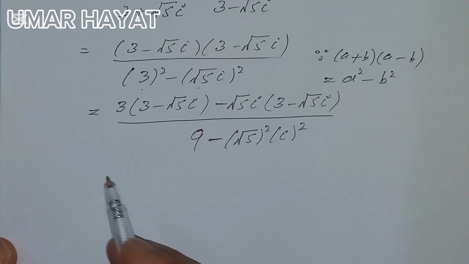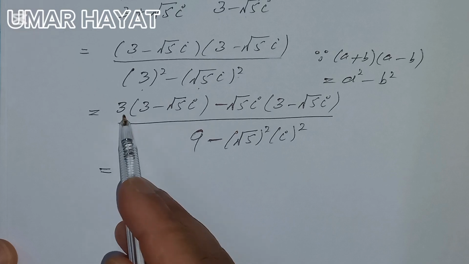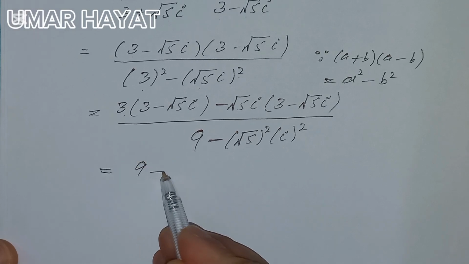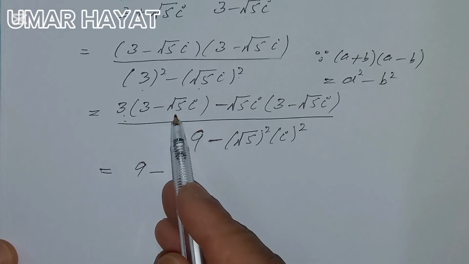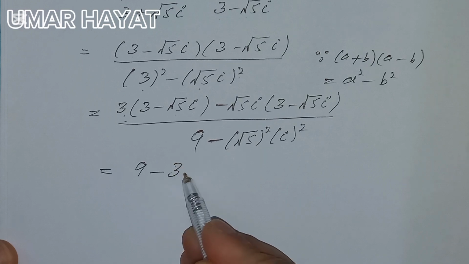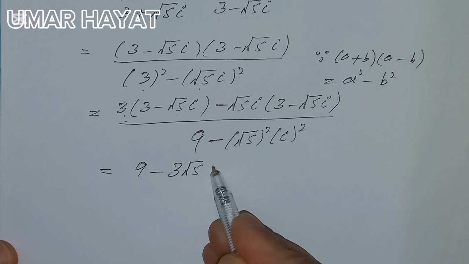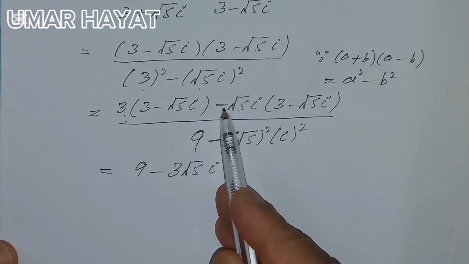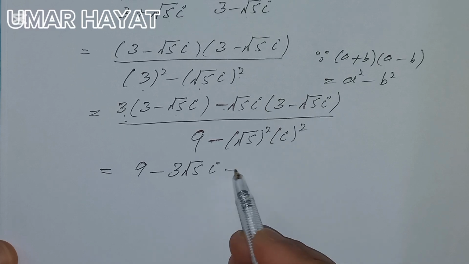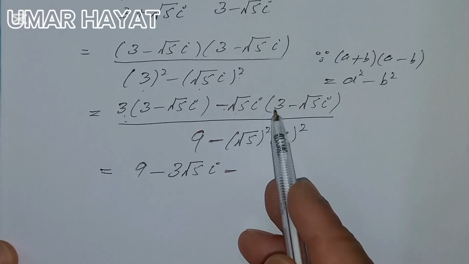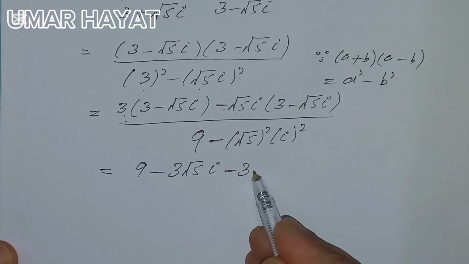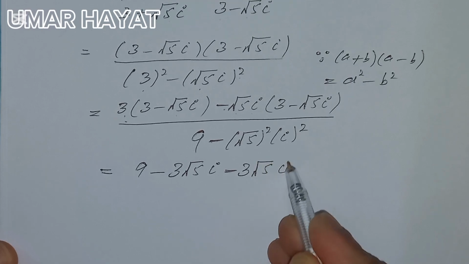Now we will get in numerator 3 into 3, 9. 3 multiply minus under root 5 iota, we will get minus 3 under root 5 iota. Minus under root 5 iota multiply 3, the answer is minus 3 under root 5 iota.